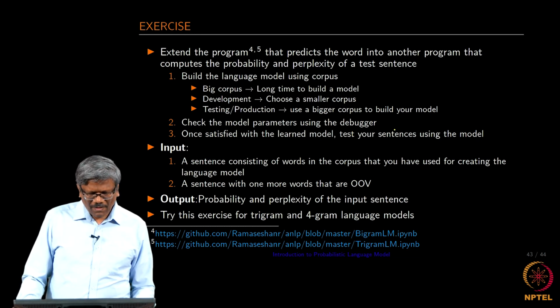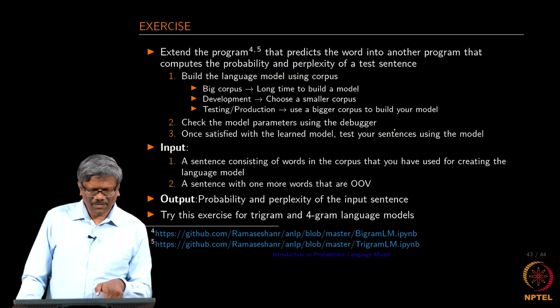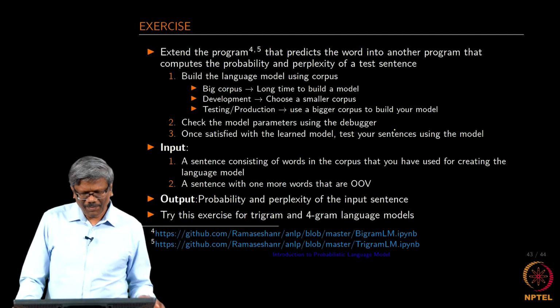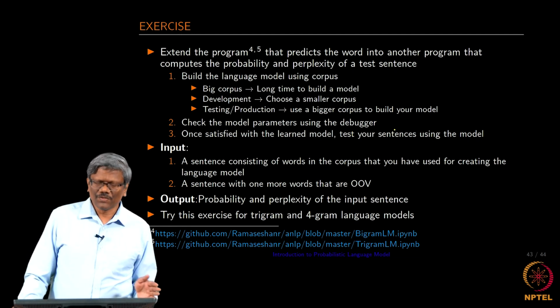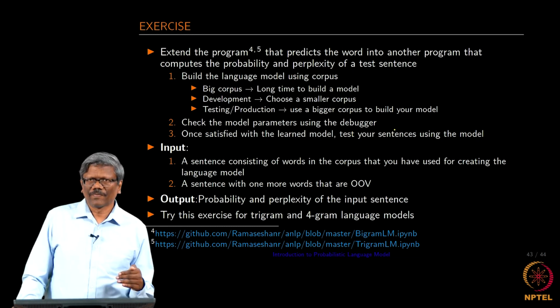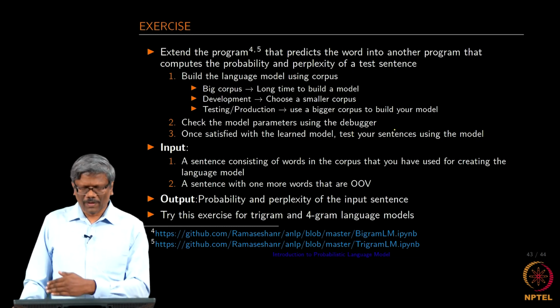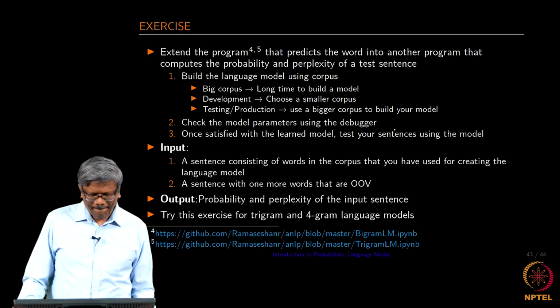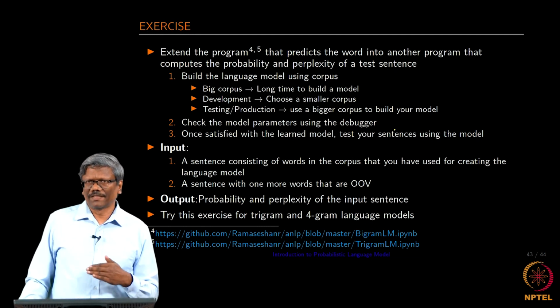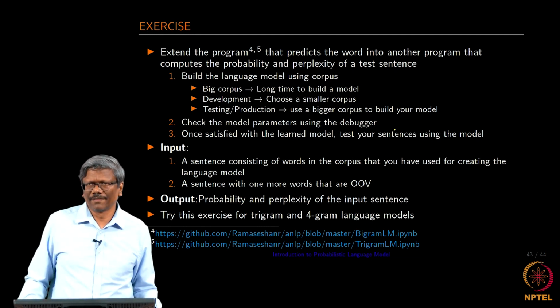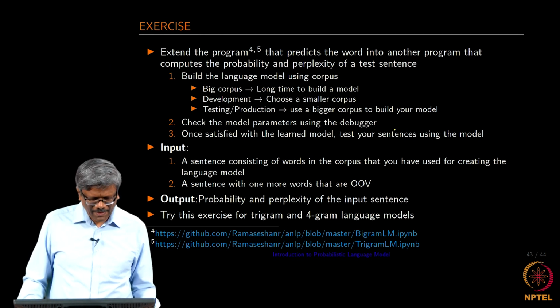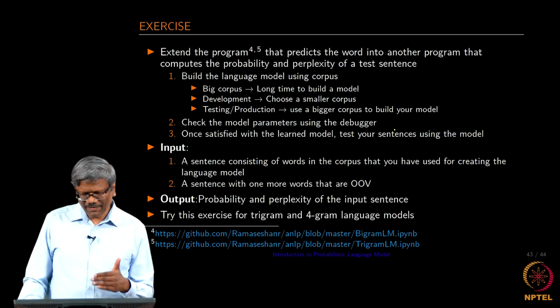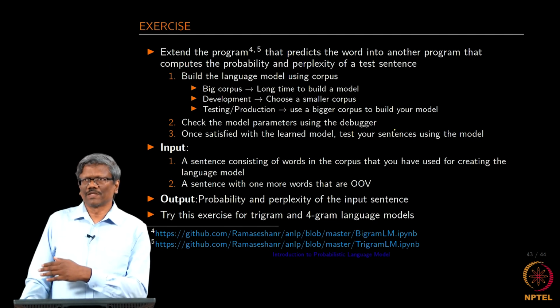One is you first build the model using a corpus. Take a small corpus as I mentioned earlier for your development, and then once you are done with testing you can go for a bigger model. And then check the model parameters in the debugger as I had shown earlier, and then once you are satisfied with the learned model, test your sentence using that.